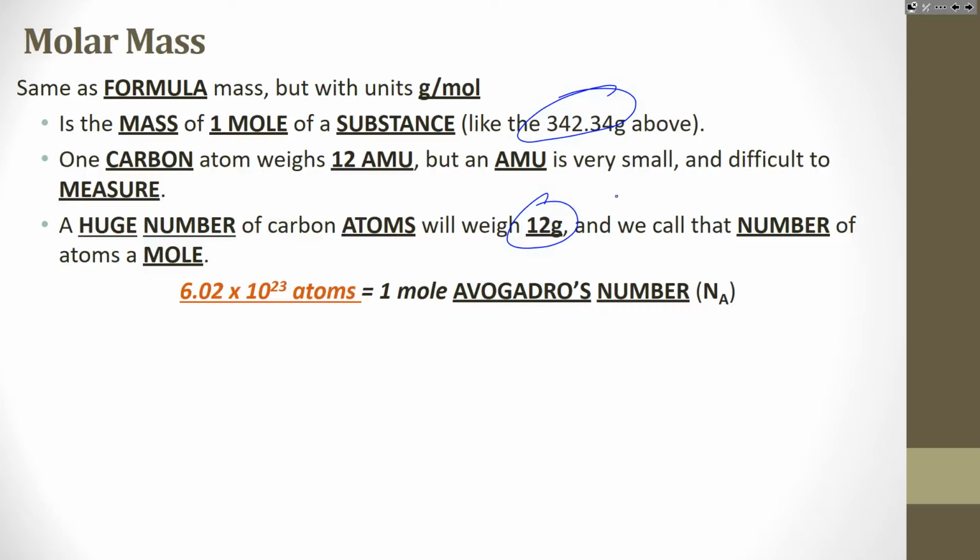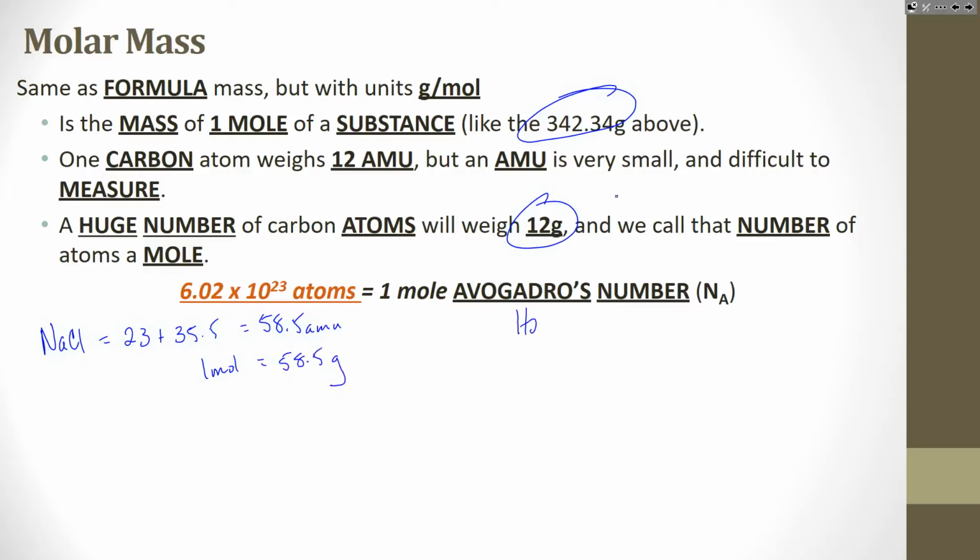So if you have, let's talk about salt, NaCl. If you add up Na 23 plus Cl 35.5, this would be 58.5 AMUs. That's the mass of one salt molecule, or unit, if you will. If you have 1 mole of it, it would be 58.5 grams.